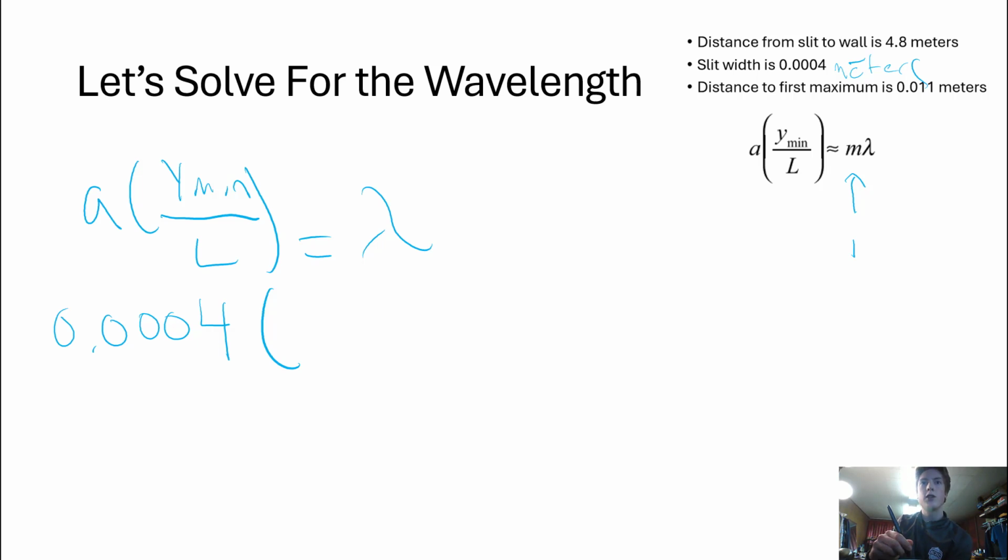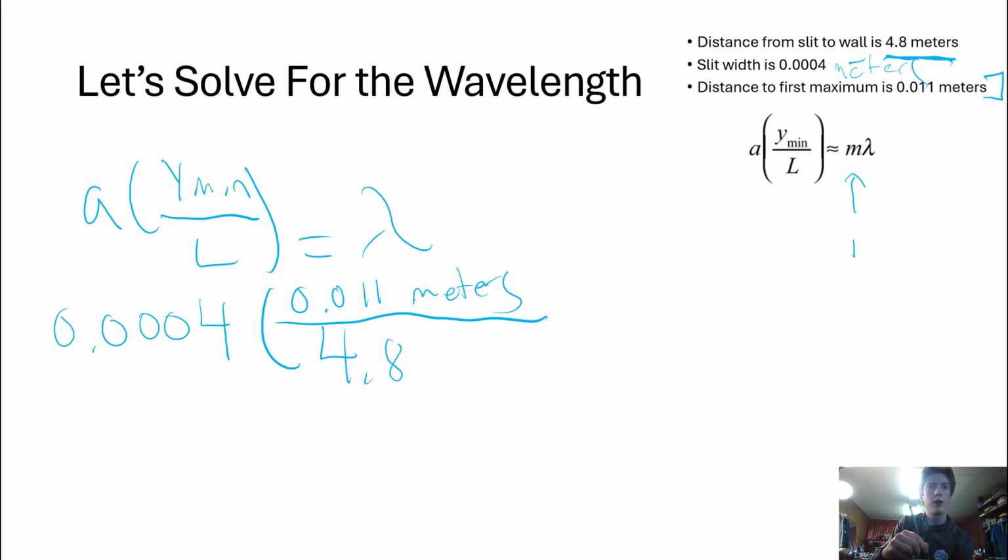Well, y min is just the distance to the first maximum, and it looks like that's just 0.011 meters. And then this is all over L, and L is the distance from the slit to the wall, which is 4.8 meters right up here. So we'll plug that into our equation, 4.8 meters. This is also expressed in meters, so we'll just put an M right there.